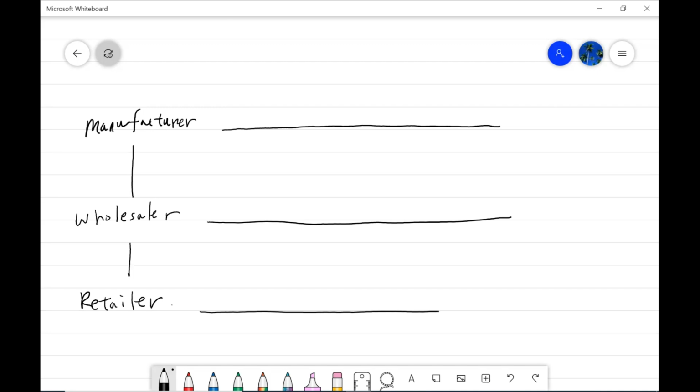Okay, so without any coordination here, each of these supply chain members determines its ordering time. That is, let's say the manufacturer orders this time and this time and this time and this time.